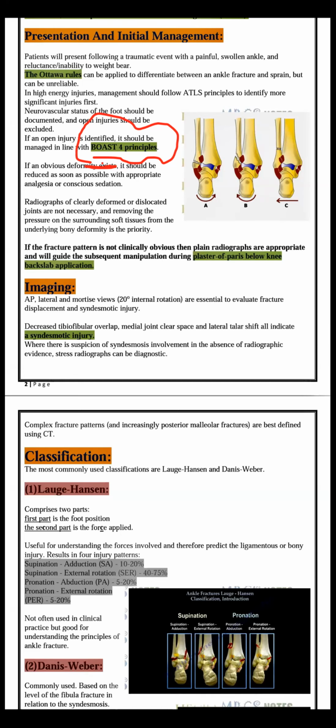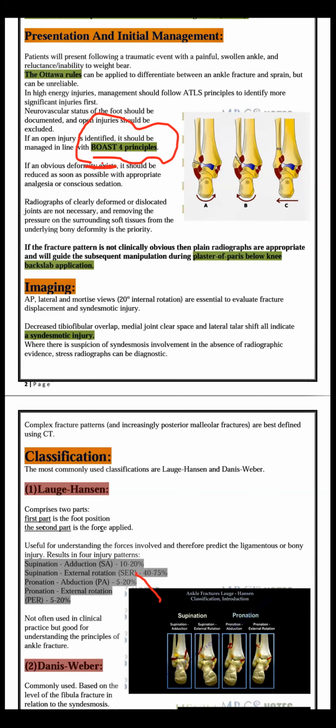You will have here, as you see, the Lauge-Hansen classification. This is SA, which is supination. SAS: supination adduction, and supination external rotation. And you will have PAP: pronation abduction, and pronation external rotation.